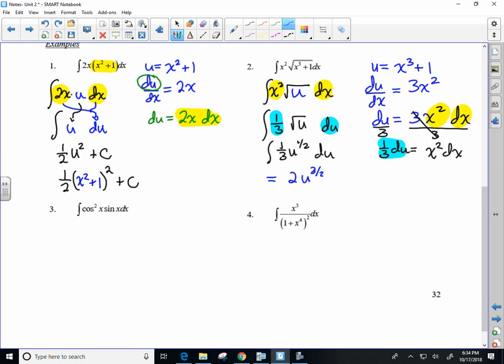Two-thirds is what we're saying? So we're taking 1/3 and dividing it by 3/2. 1/3 times 2/3 is... 3 times 3 is 9.